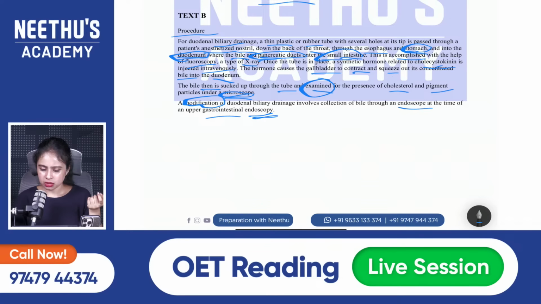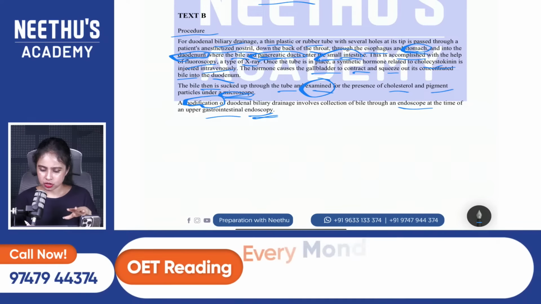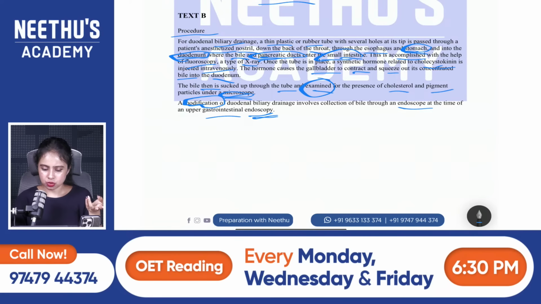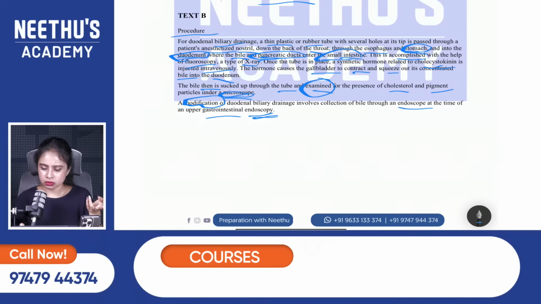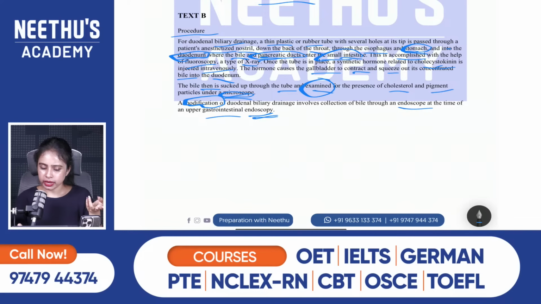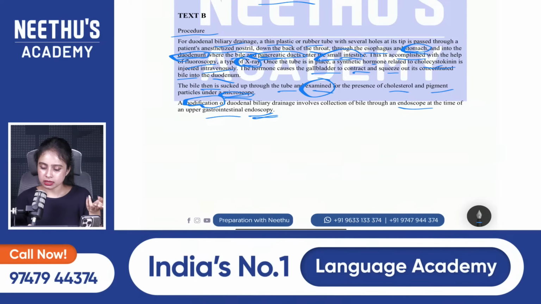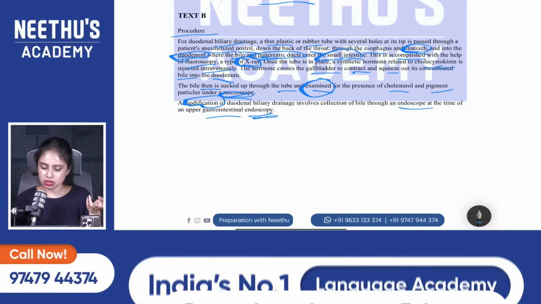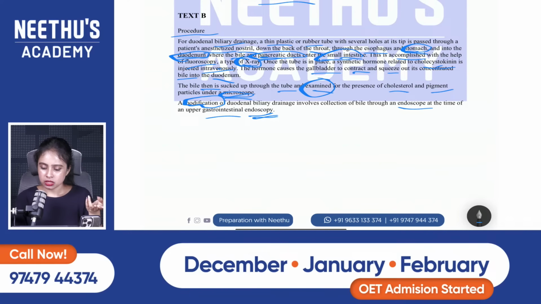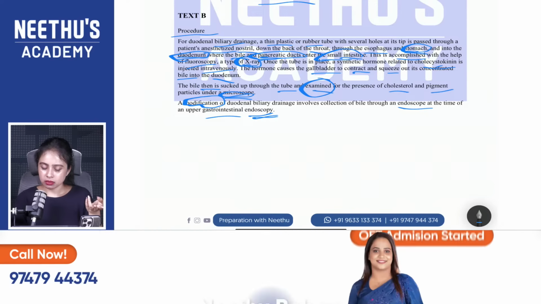Endoscopy is here, but it's not the keyword related to that one, so I don't think it is endoscopy. This is accomplished with the help of fluoroscopy, a type of X-ray. Once the tube is in place, a synthetic hormone related to cholecystokinin is injected intravenously. So the keywords are here.